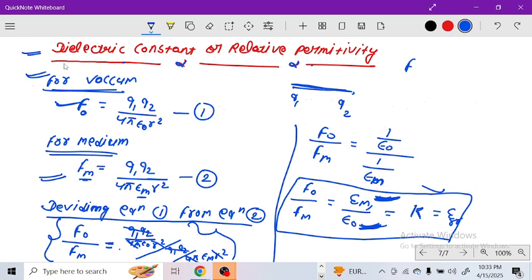So what is the definition of dielectric constant? It is the ratio of absolute permittivity of medium to the absolute permittivity of free space.